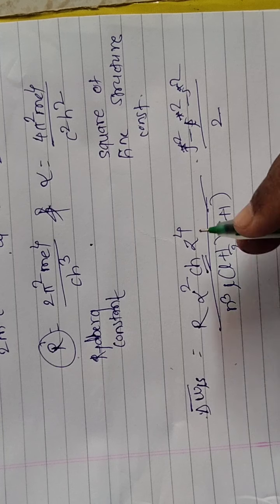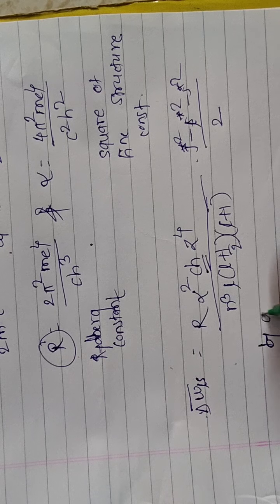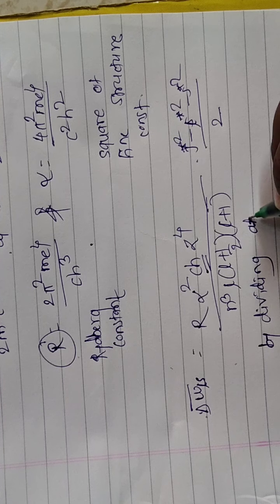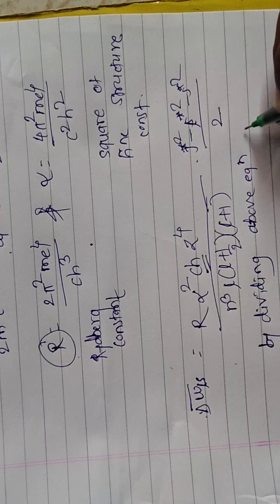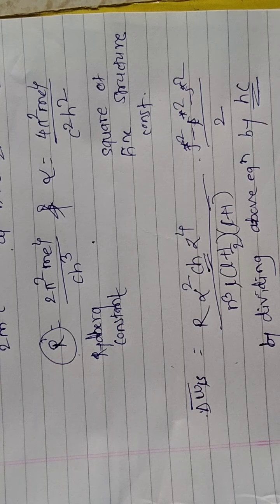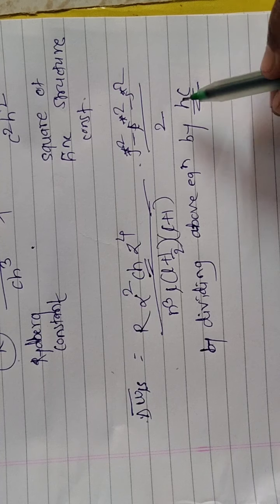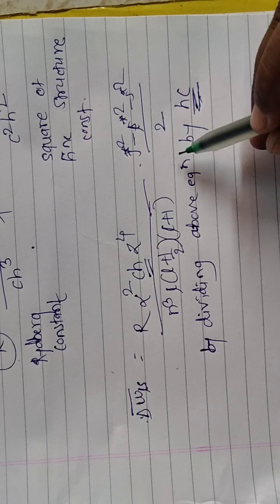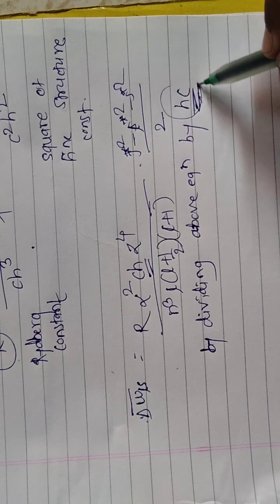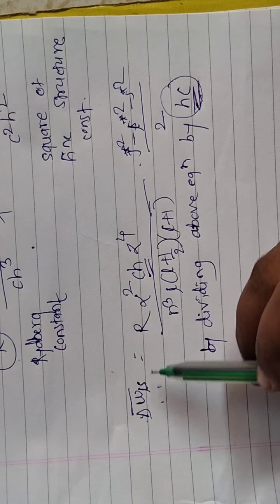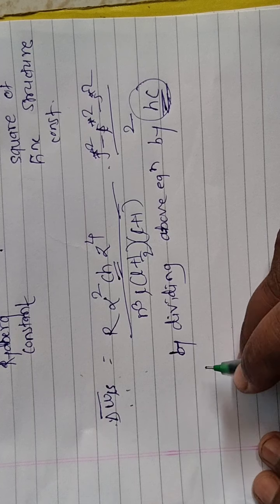So by dividing the above equation by hc, we will get this spin orbit interaction energy in the form of wave number. Okay. So by dividing this equation by hc, we will get the spin orbit interaction in the form of wave numbers.